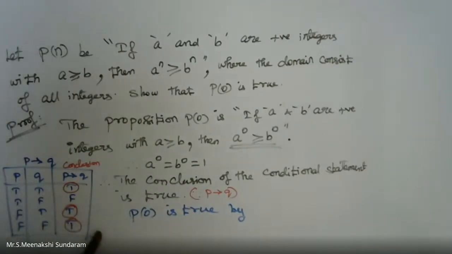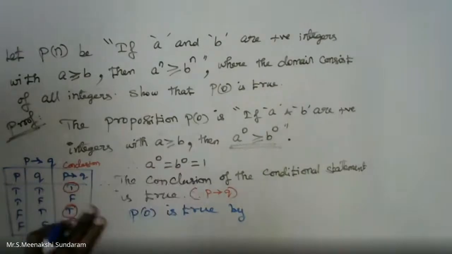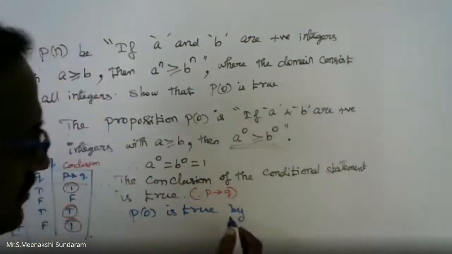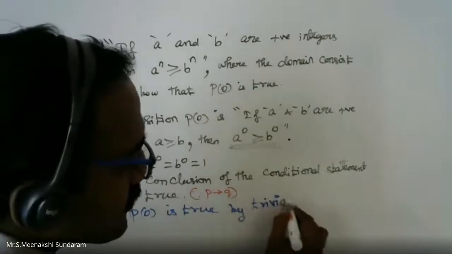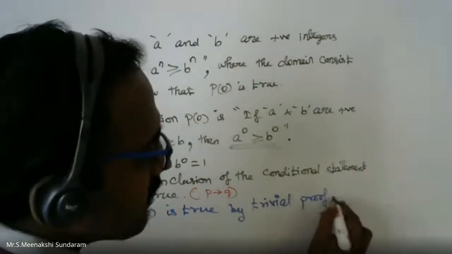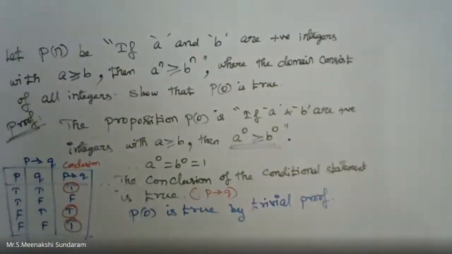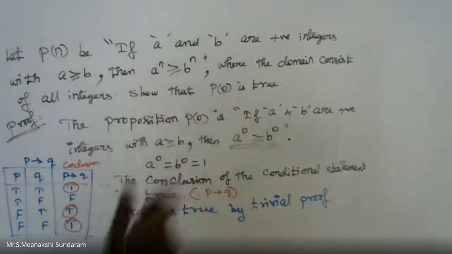If the conclusion is true, then it is a trivial proof. Our ultimate aim is that the conclusion is true. We don't bother about the hypothesis. Then it is called a trivial proof.